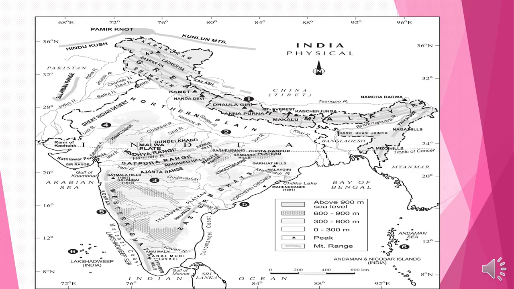North of the Narmada river, from Madhya Pradesh to Jharkhand, Chhattisgarh, Odisha, is called the Central Highland, and it includes the Malwa Plateau and Chota Nagpur Plateau. The southern part of the Narmada river is called the Deccan Plateau. And after that, the Deccan Plateau is divided into two sections, Western Ghat and Eastern Ghat.